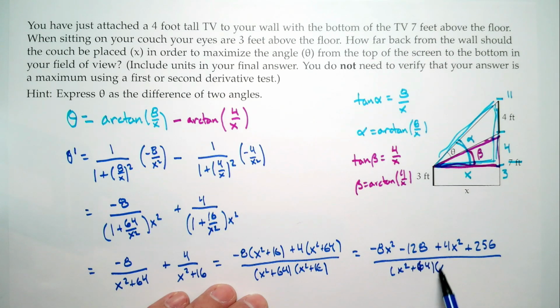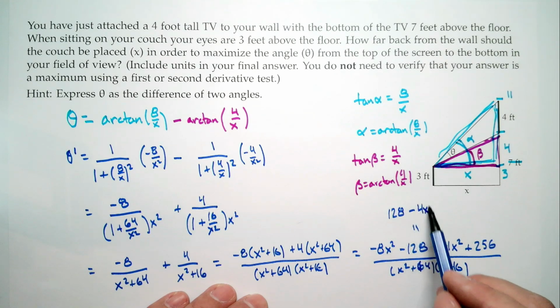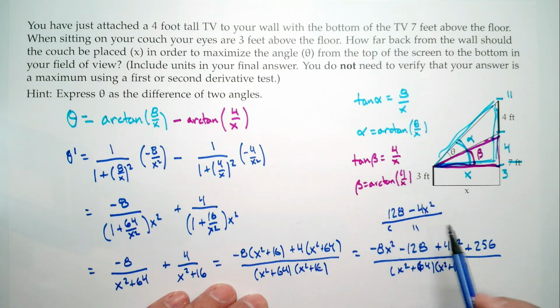And I hope we're almost done, because we're running out of space here on the page. Well, minus 128 plus 256, that's 128. And then minus 8x squared plus 4x squared is going to be minus 4x squared all over your denominator, x squared plus 64 times x squared plus 16.